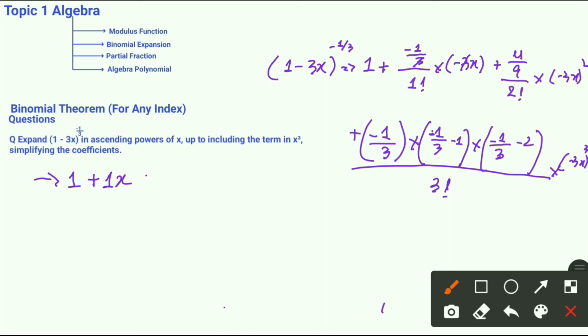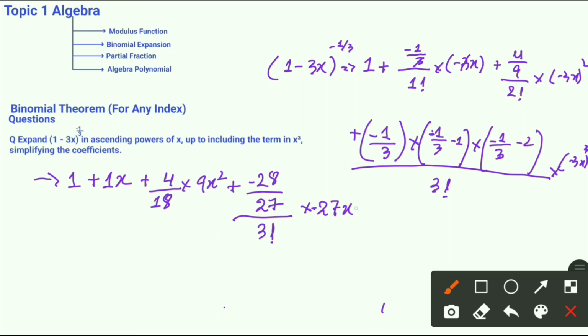Then the third term would be 4 upon 18 multiplied by 9x squared, and the fourth term would be minus 28 upon 27, over 3 factorial, multiplied by 27x cubed.